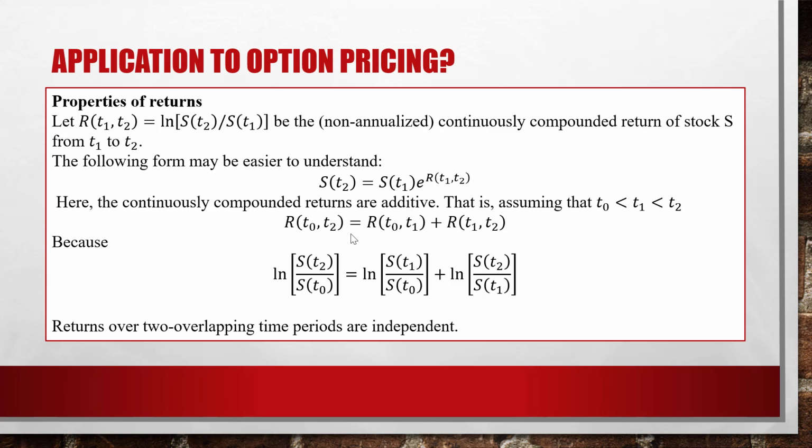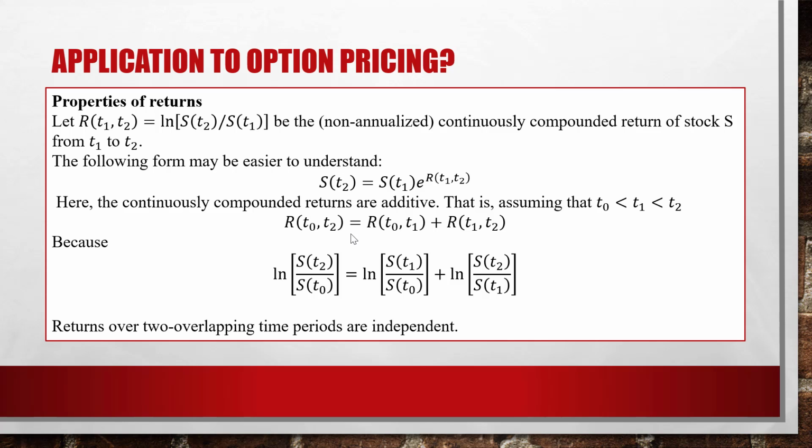The continuously compounded returns are additive. For example, if we consider three different times, T0, T1, and T2, in the order that T0 is less than T1 and less than T2, we have R(T0, T2) is equal to R(T0, T1) plus R(T1, T2). So that means they are additive.